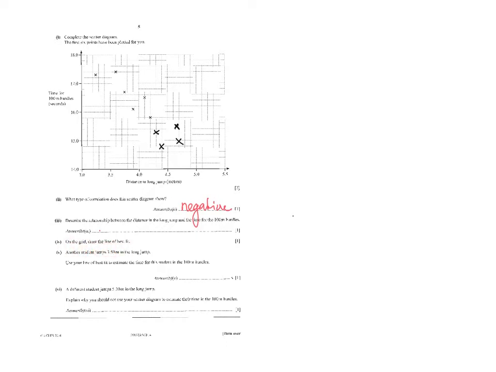And then on the grid, draw a line of best fit. Now that is always a little bit tricky. What are you trying to do? You're trying to draw a line, and your aim is to get as many points on your line as possible and roughly the same amount of points just above the line as just below the line.